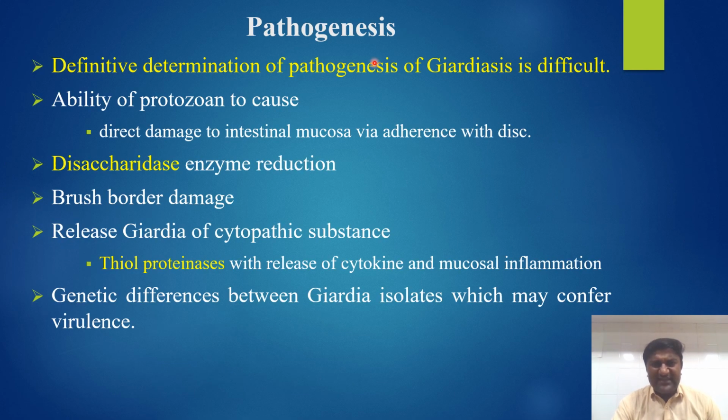For the pathogenesis, the definite determination of the pathogenesis of giardiasis is difficult. The protozoan may cause direct damage to the intestinal mucosa via adherence with the disc, disaccharidase enzyme reduction occurs, and the brush border is damaged. Giardia releases cytopathic substances like thiol proteinase, which cause release of cytokines and mucosal inflammation.